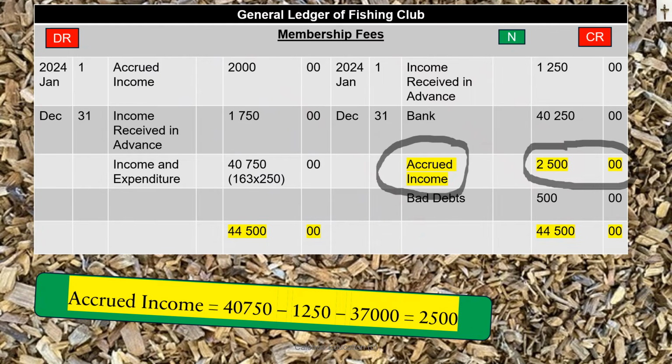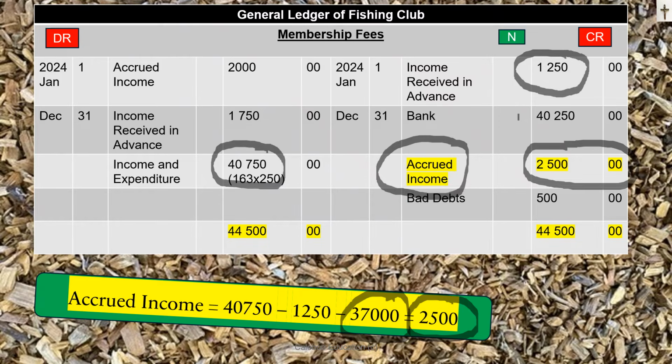And accrued income is equal to 40,750 minus the 1,250 minus the cash received in the current year, 37,000. That will give us accrued income of 2,500.